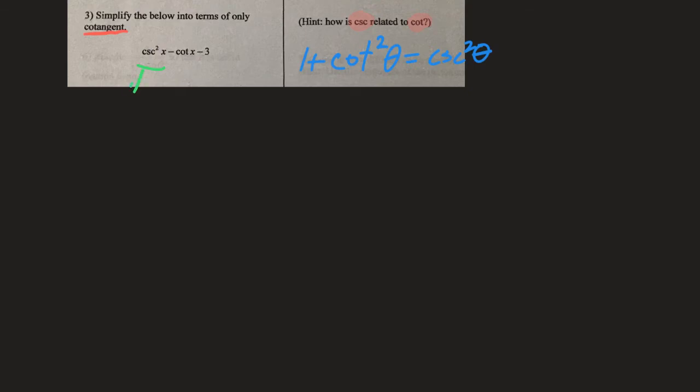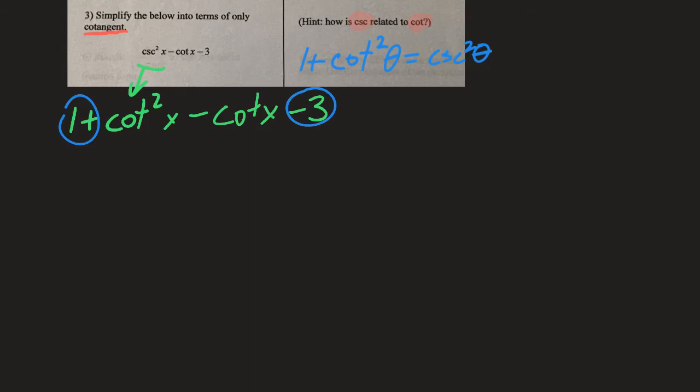So currently I'm going to replace this, and I'm going to have 1 plus cotangent squared x minus cotangent x minus 3. And now we can continue simplifying. Let's go ahead and combine our like terms. So I see this 1 and this minus 3. Let's make that into a minus 2. We get cotangent squared of x minus cotangent x minus 2.